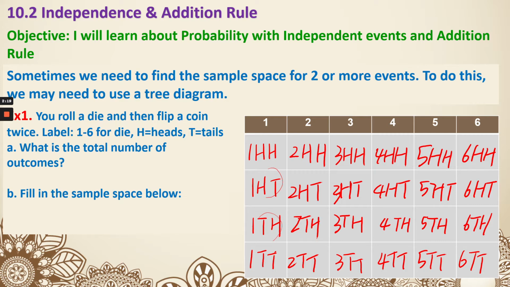If you count in total, we have 4 times 6, so 24. That's the number of outcomes.